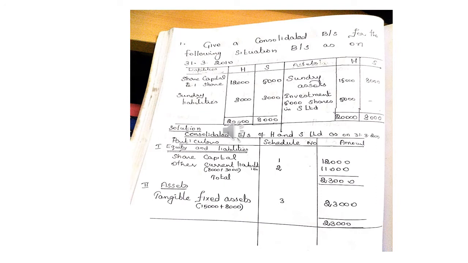Add 8,000 plus 3,000, the amount is 11,000. Total is 23,000. Then on the asset side, tangible fixed assets, that means sundry assets, we add 15,000 plus 8,000 and get 23,000. In this case, there is no minority interest, so we can eliminate the investment. It is a simple problem.